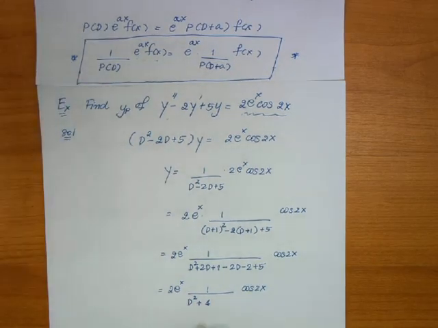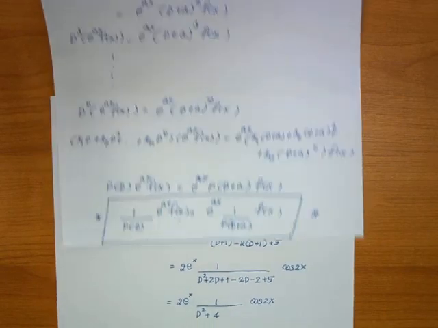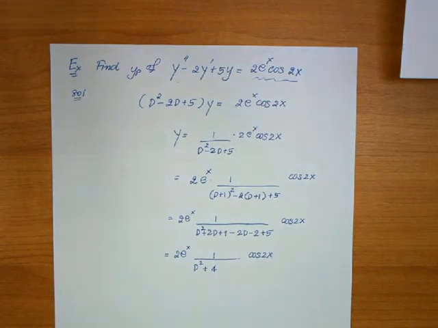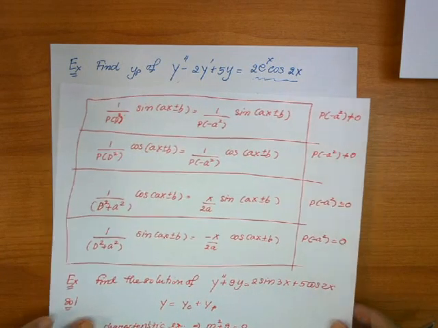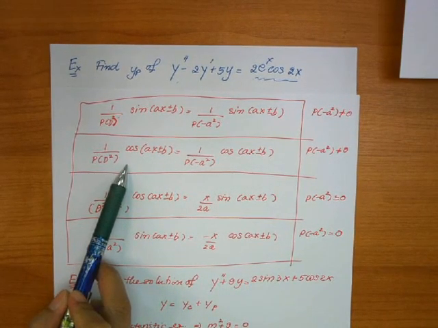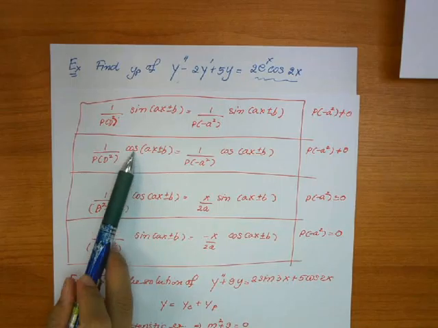So we have to use the formula for when P(minus a squared) is equal to 0, right? Last time it just gave you four formulas of sines and cos. Here you go. You're going to use this one because you have cos.